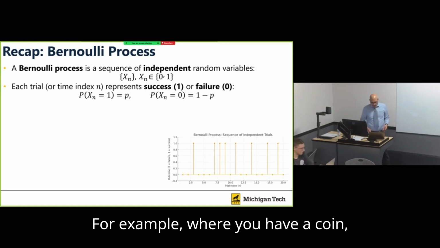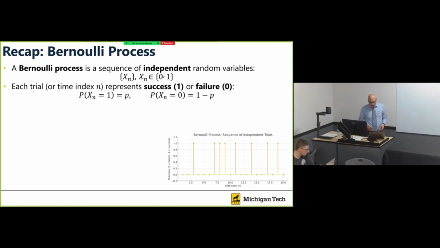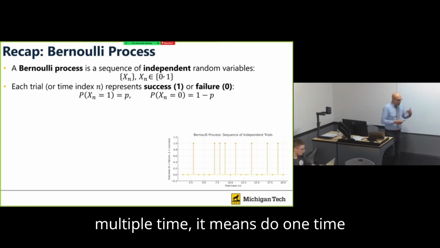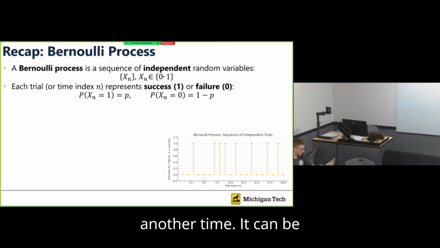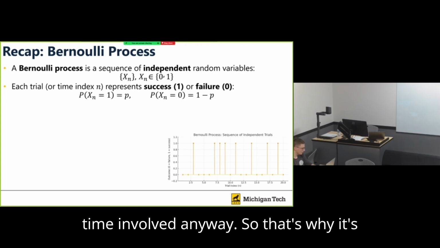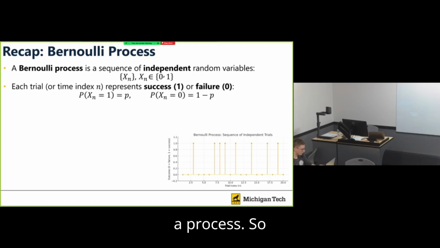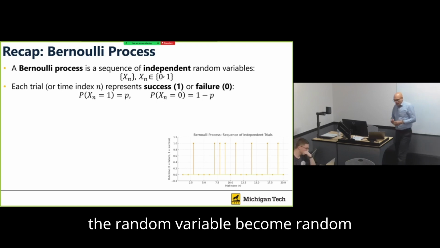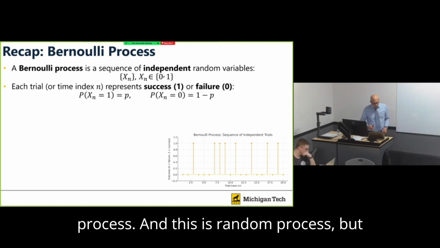For example, you have a coin and you toss it multiple times: one time now, one time another time, one after each other, or there is some time involved anyway. So that's why it's a process. If you have time involved, the random variable becomes a random process.